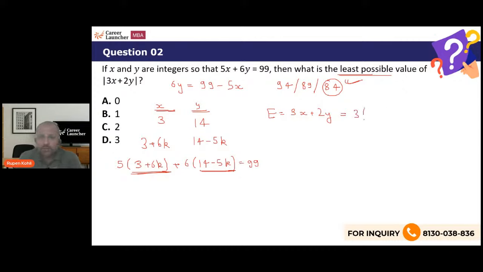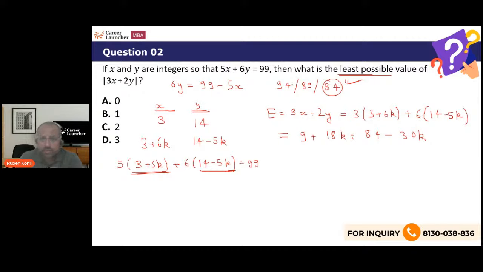3x plus 2y becomes thrice of 3 plus 6k plus 6 times of 14 minus 5k, which becomes 3 into 3, 9, 3 into 6, 18k, and then 6 into 14, 84, and minus 30k, right?